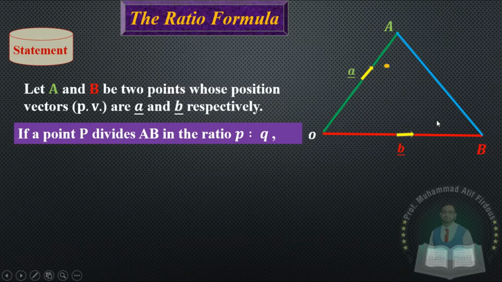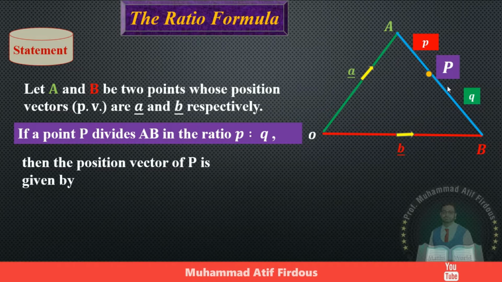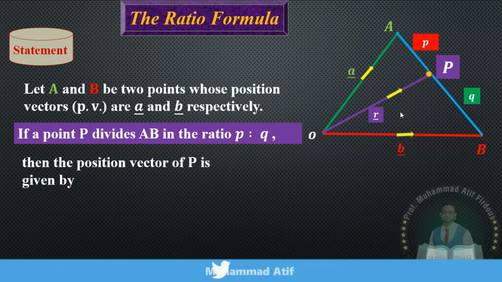Now take a point P, you can see this is your point P, which divides this line segment in the ratio p:q. This is your second part of the statement. Hope you understand this. And the third part is you have to find the position vector of this point. Suppose that the position vector of this point P is r.